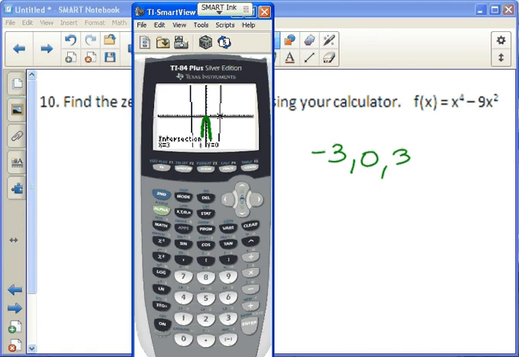So you can also do second calc 4 for maximum, and then you can go and be just to the left of it, enter, just to the right of it, enter, and then don't worry about guessing, just enter again. And those numbers, though they look crazy, really are 0. Whenever you see E followed by negative numbers, your calculator is just having trouble being exact. But those are really tiny numbers, so it would be 0, 0.